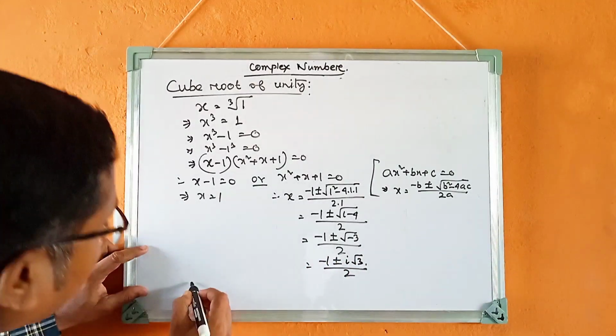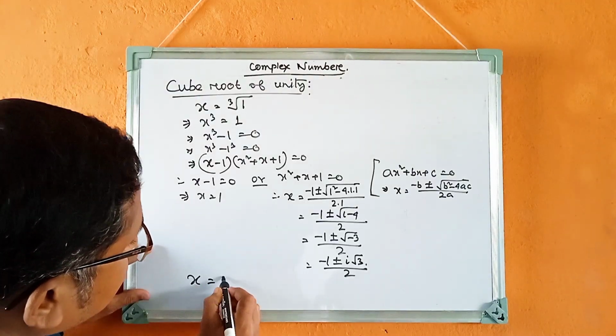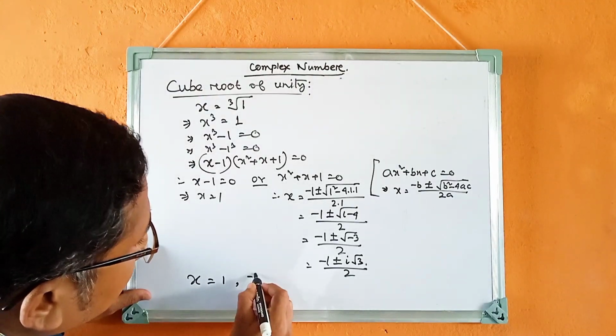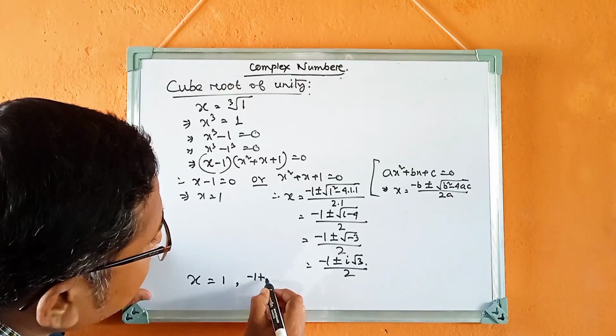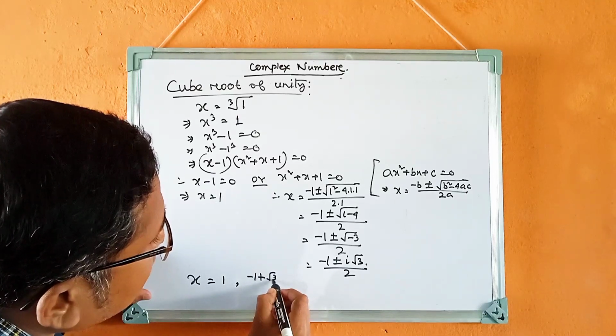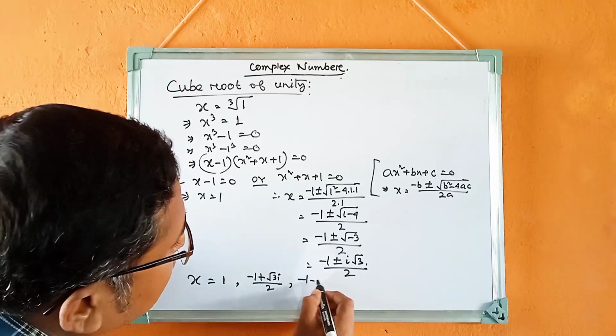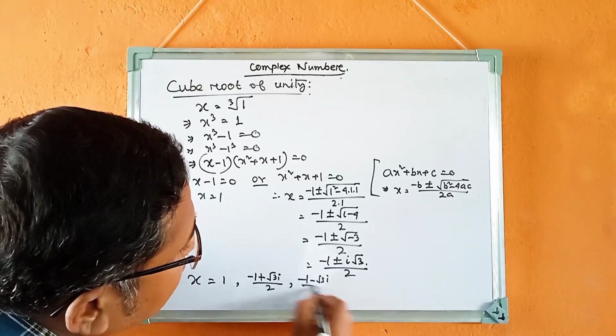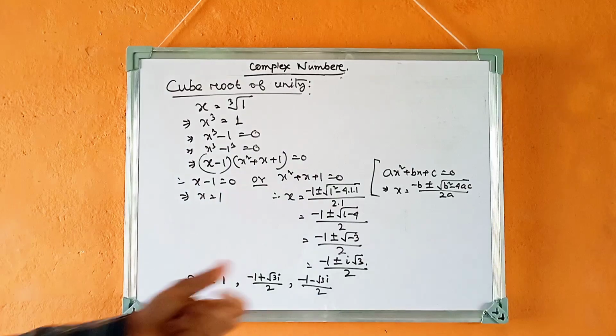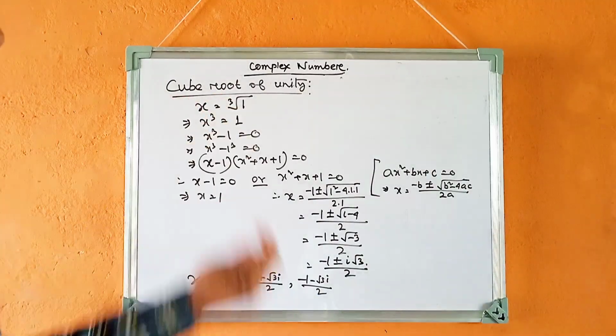So finally we get the value of x equal to 1, another one is minus 1 plus root 3 i divided by 2, and the third one is minus 1 minus root 3 i divided by 2. We get 3 roots of this equation.